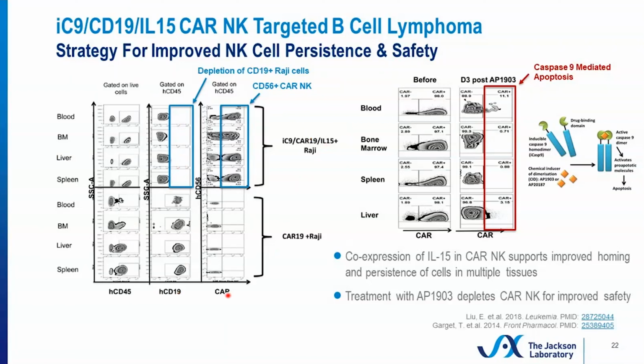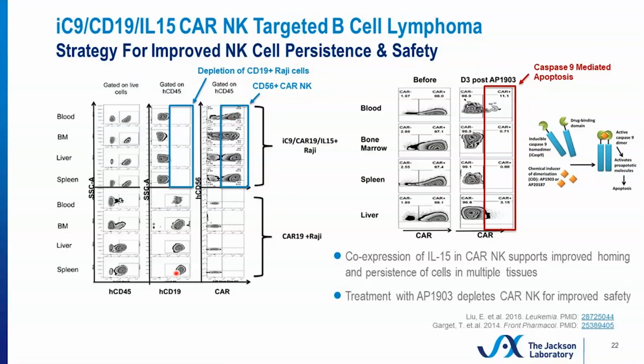And by looking at human CD56 labeling, we could see good persistence in the presence of the IL-15 expression, and the absence of those NK cells after 21 days in the mice, showing that there's a lack of persistence and the lack of clearance of the tumor.